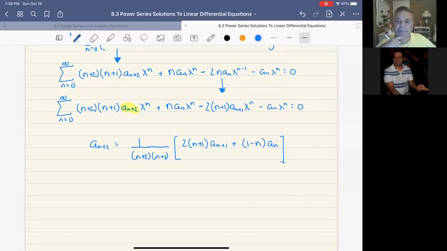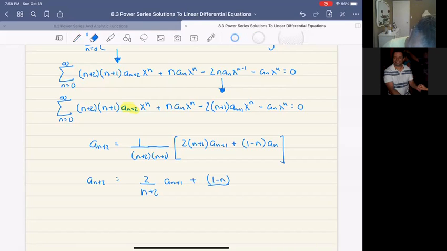Now, let me just simplify it a little bit. A sub n plus 2 equals 2 over n plus 2, a sub n plus 1, plus 1 minus n.